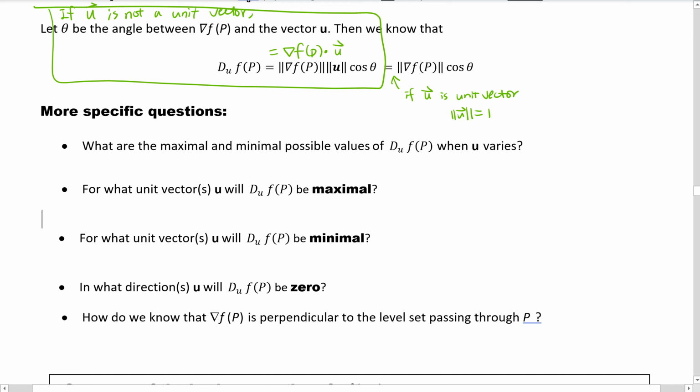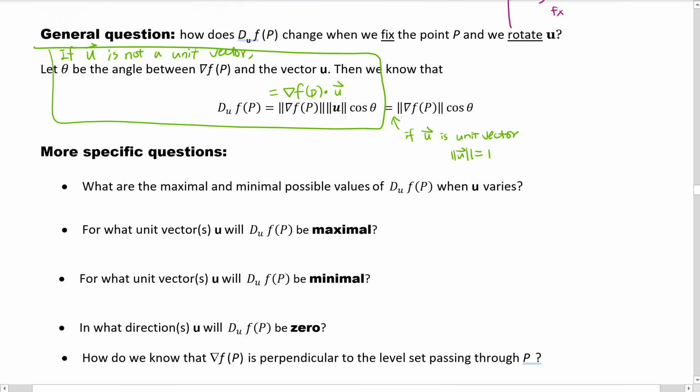If theta equals 0, cosine 0 is 1, so the directional derivative equals the length of the gradient vector at P, and this is the maximum value.